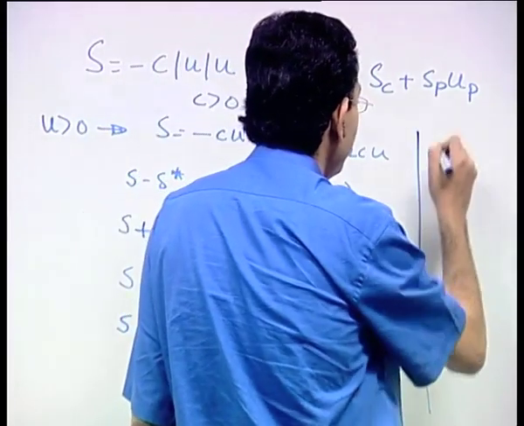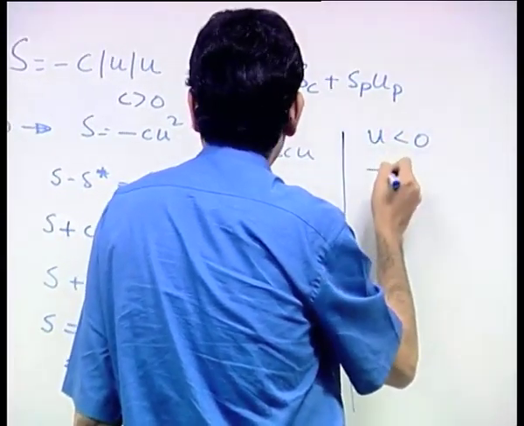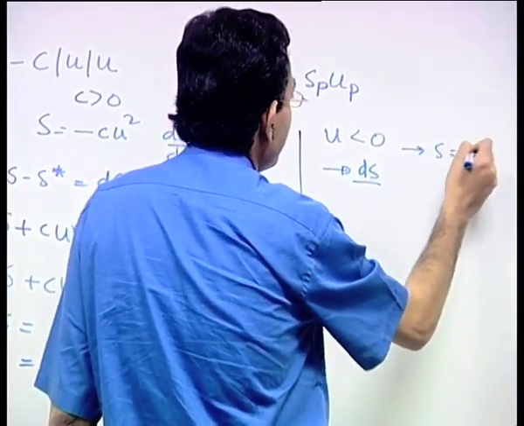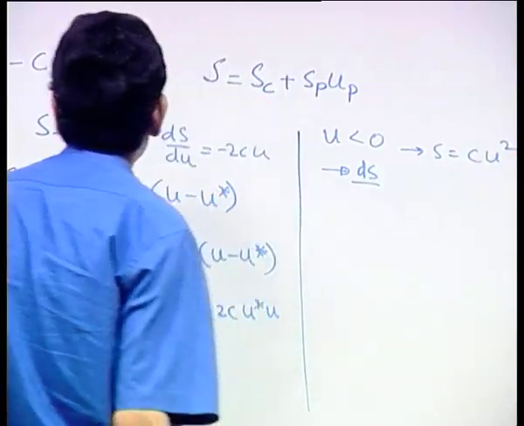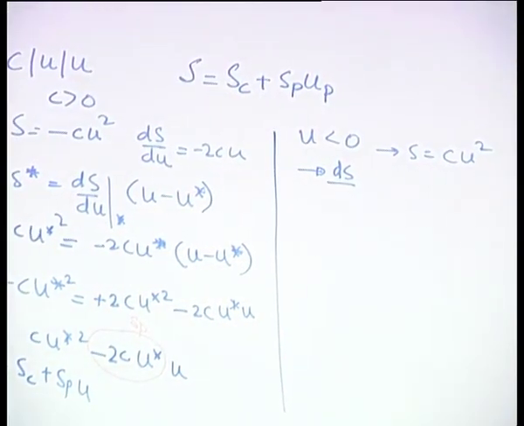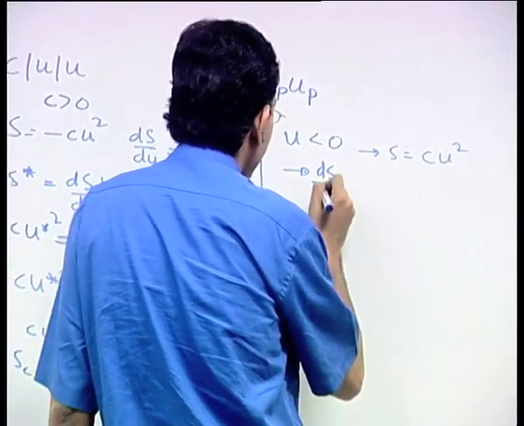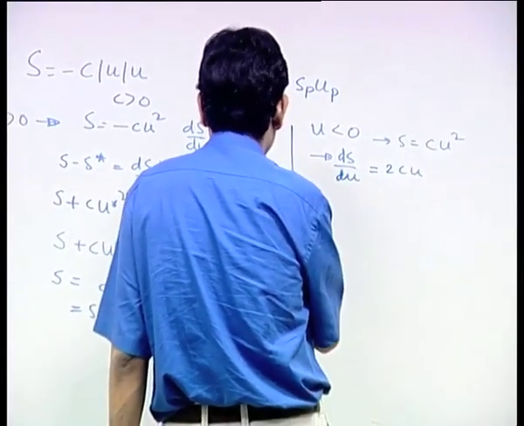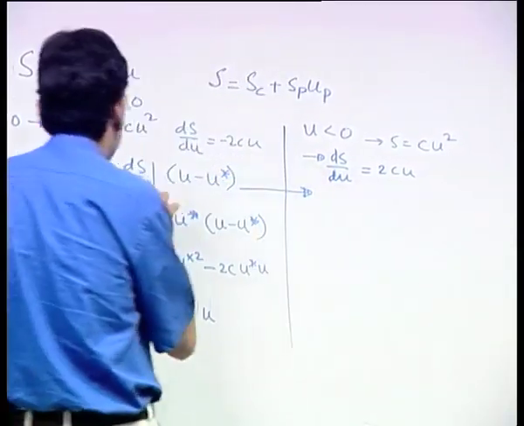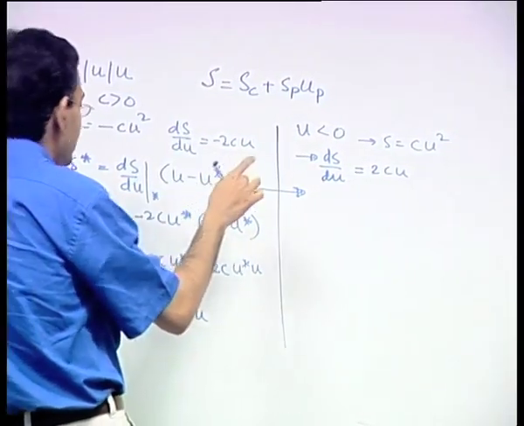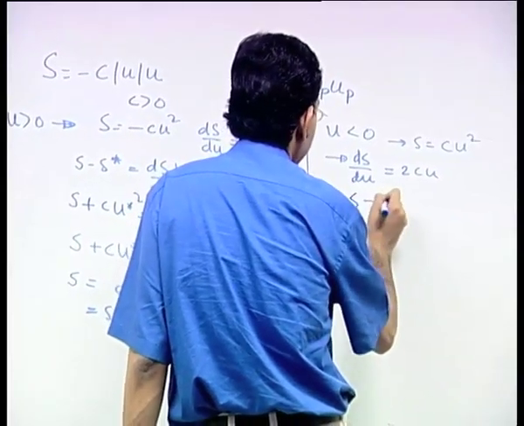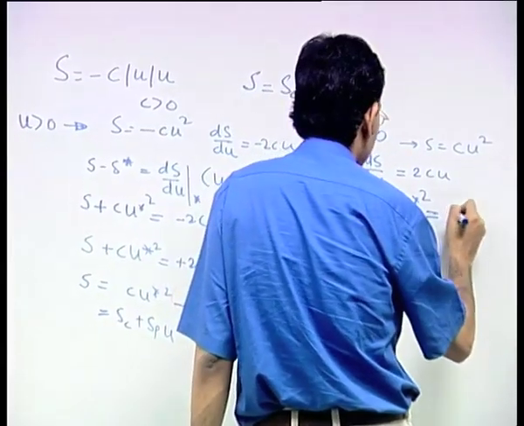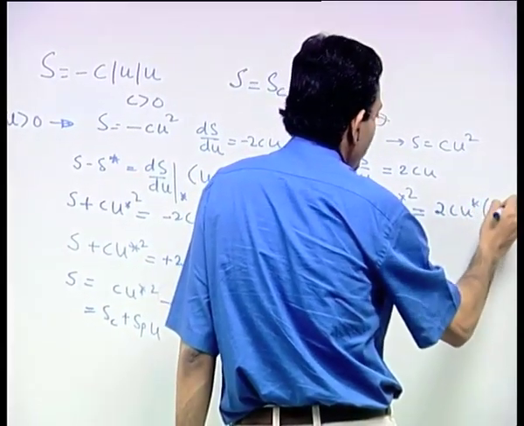For u less than 0, you have S equal to C u square, because mod u is minus u for u less than 0. So, dS/du is equal to 2 C u. From the equation S minus S star equal to dS/du at star into u minus u star, you have S minus C u star square is equal to 2 C u star into u minus u star.